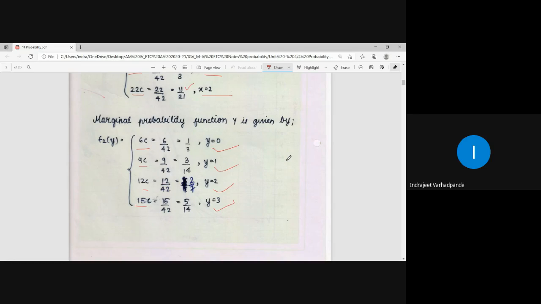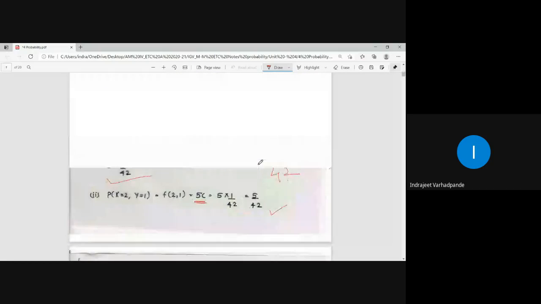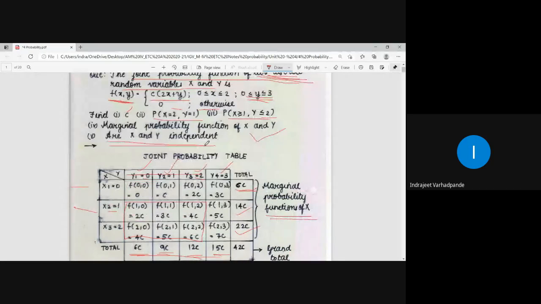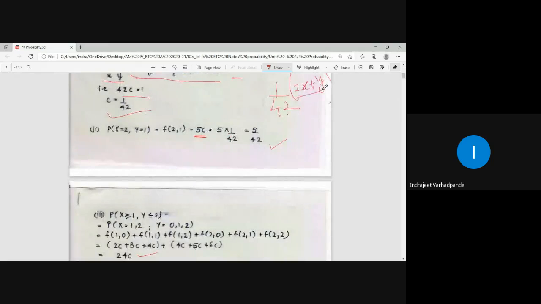So this is the second part of the question: find the marginal probability function for x and the marginal probability function for y. The last part they have asked is, are x and y independent? Now check what your joint probability function is. It is 1 by 42 into 2x plus y.